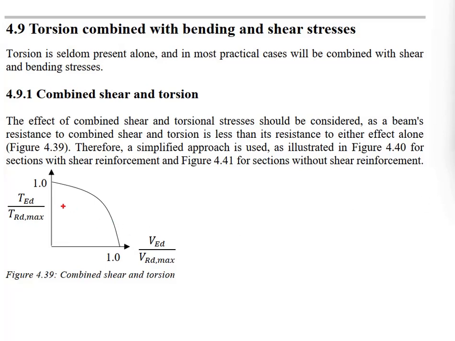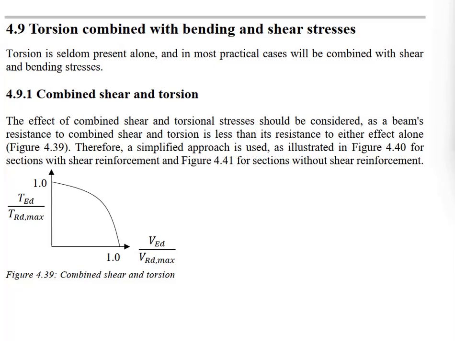However, if there are combined actions between the torsion and the shear, the torsional resistance capacity reduces and the shear resistance capacity also reduces. The degree of reduction would behave like a parabolic curve.